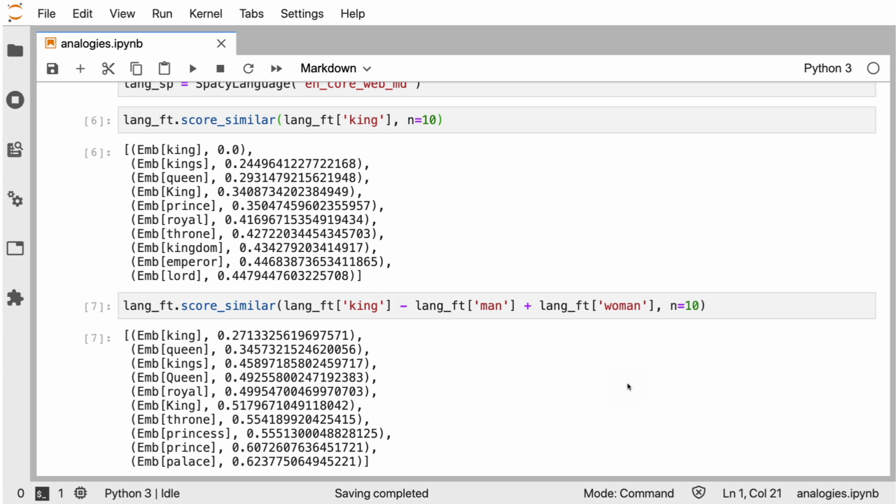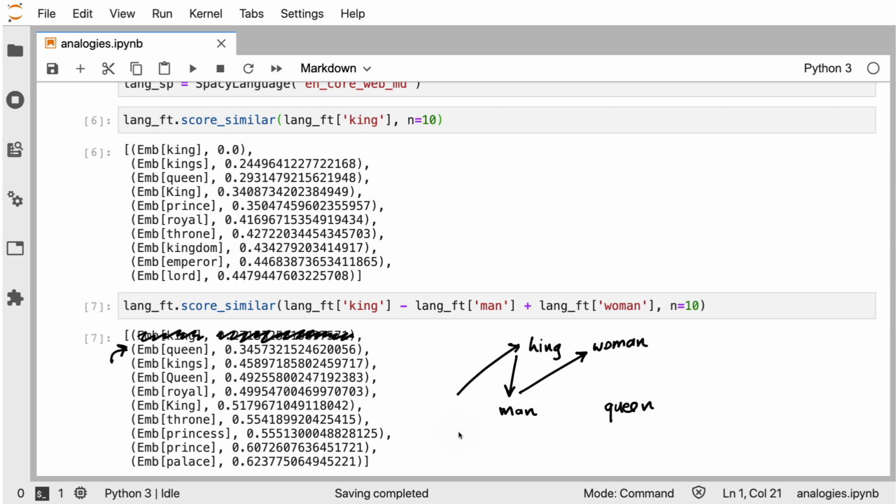But if we have a look at what's happening below here, it seems that if we take king, and we subtract from that man, and we add to that woman, where we end up is still more similar to king than to queen. Only if we were to ignore the original embedding that we started out with, then it seems that yes, queen might be the most similar. But it is a little bit strange.